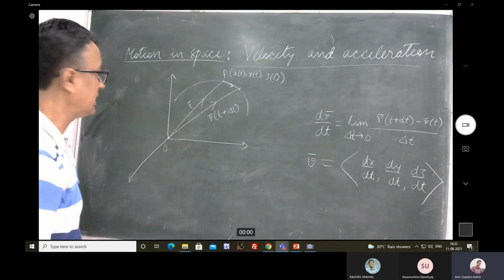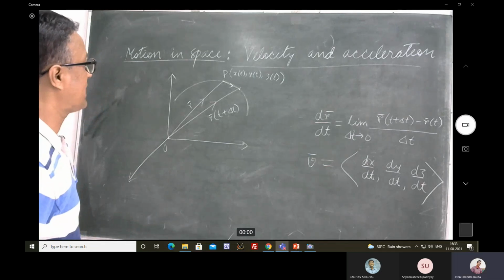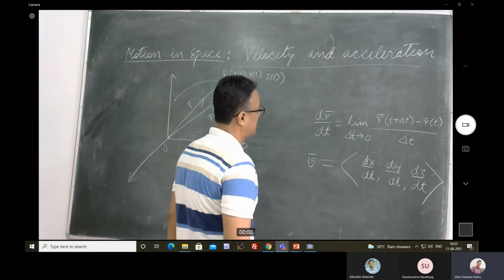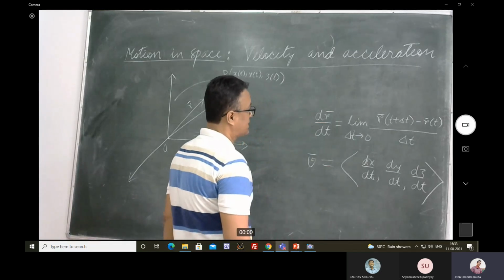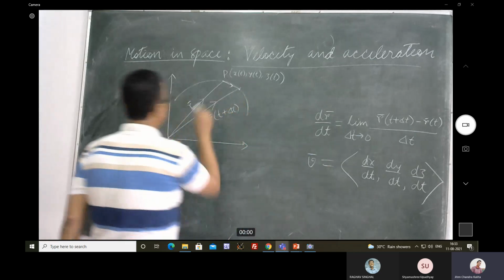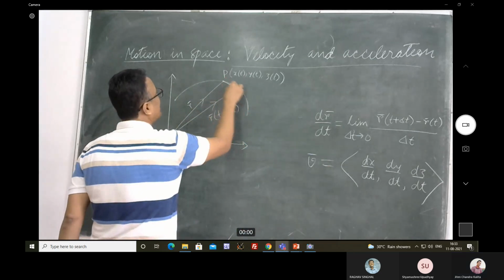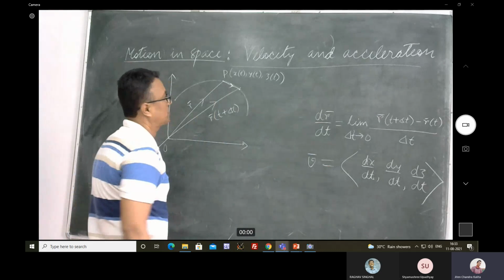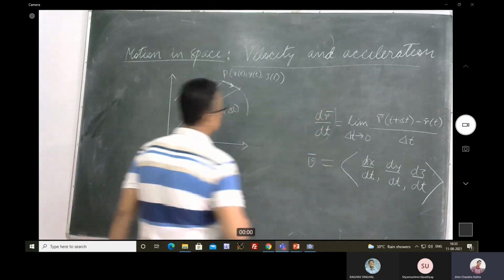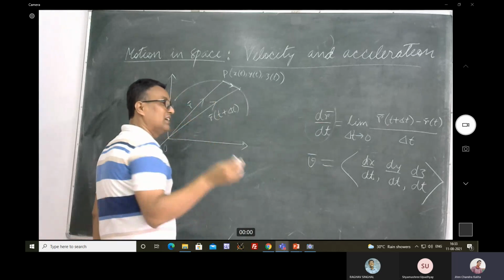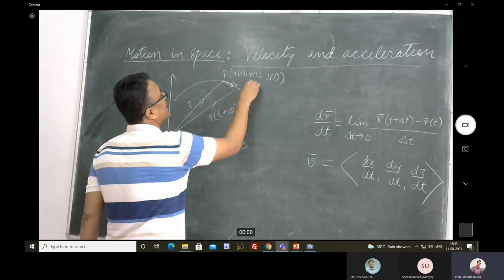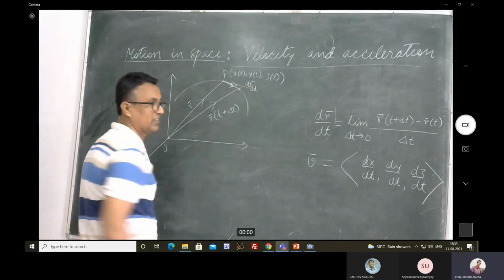Fine. And another interesting factor here is that, if you recall, whenever we consider the derivative of the function with respect to time t, then earlier we found out that the derivative is along the direction of the tangent.